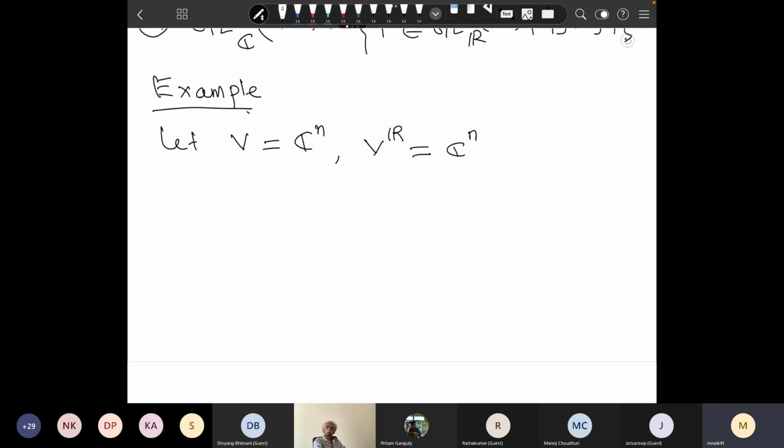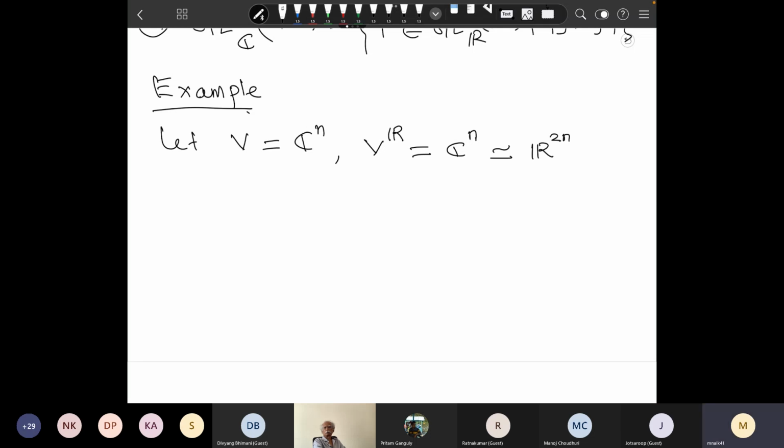So now let us give an important example. This is a very important example. So let V be equal to C^n. Now the thing is, C^n is a complex vector space. So VR set theoretically is also C^n. But what I will do is identify C^n with R^2n.